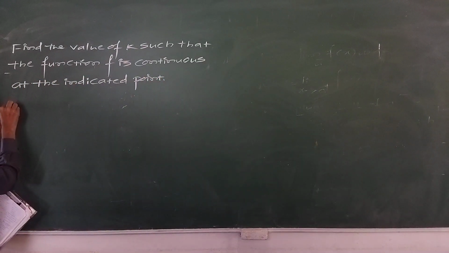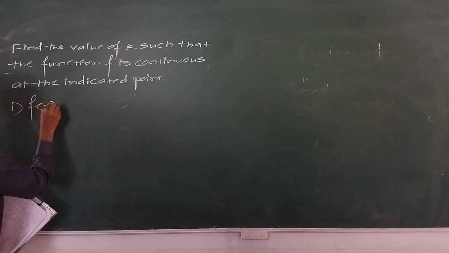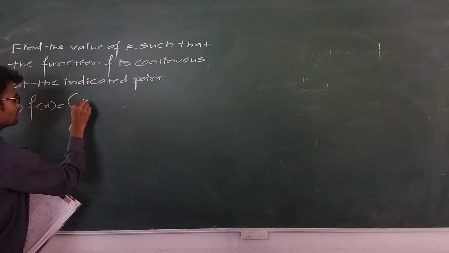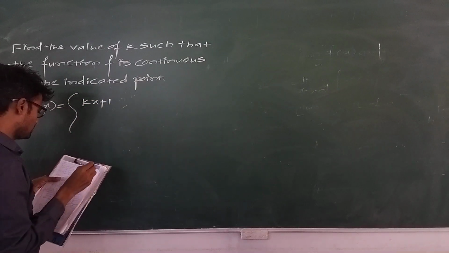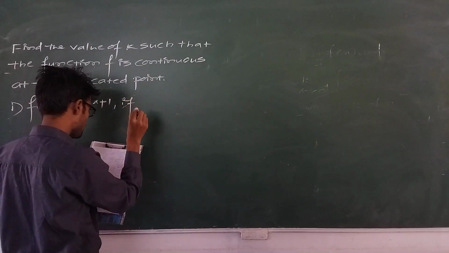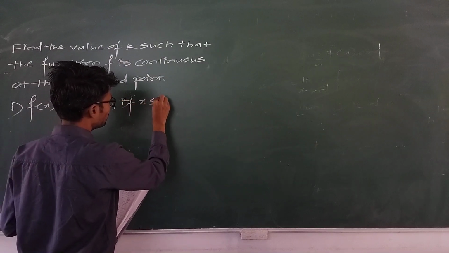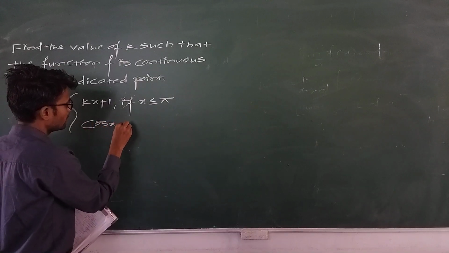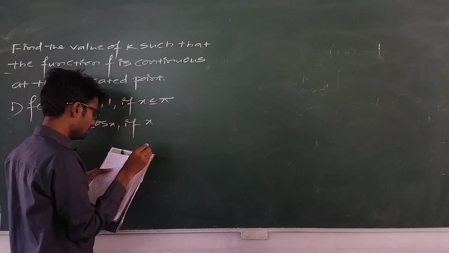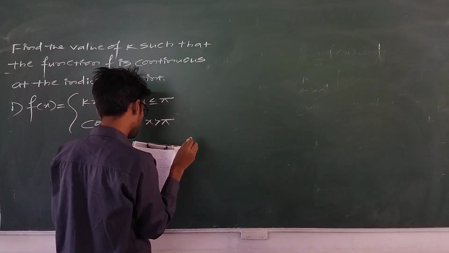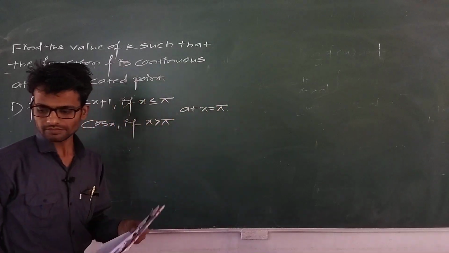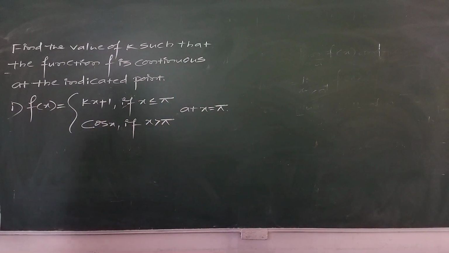The first example: f of x is equal to kx plus 1 if x is less than or equal to pi, and it is cos x if x is greater than pi, and the function is continuous at x equal to pi.